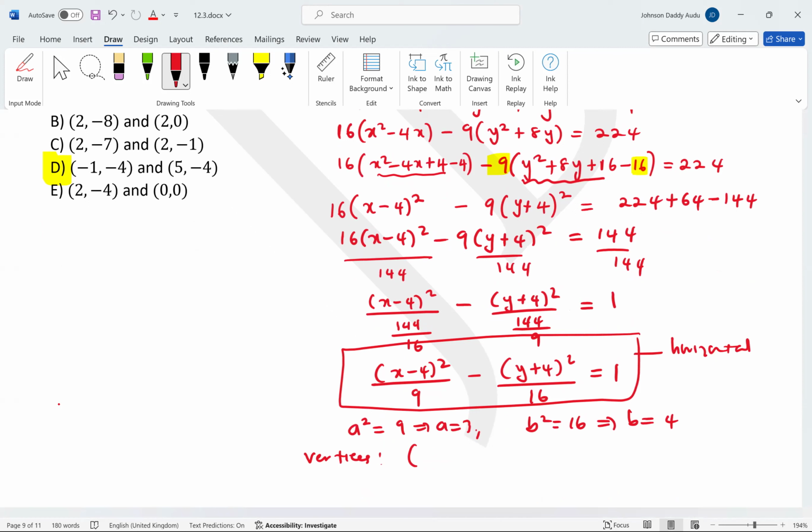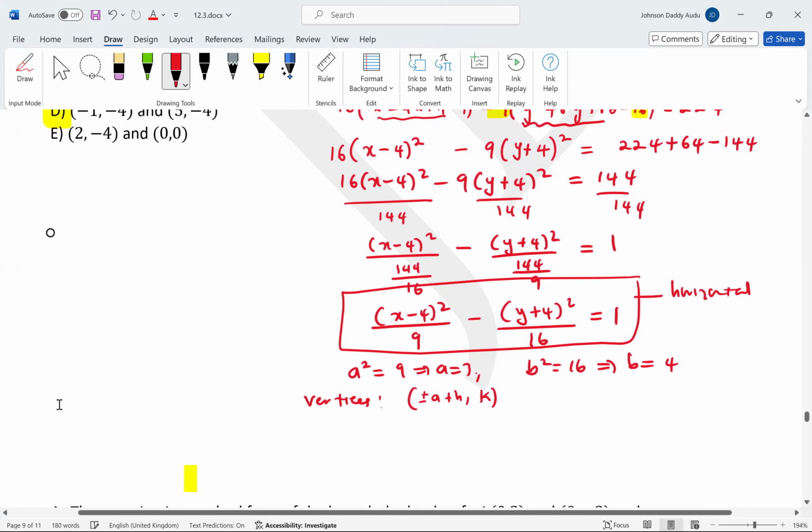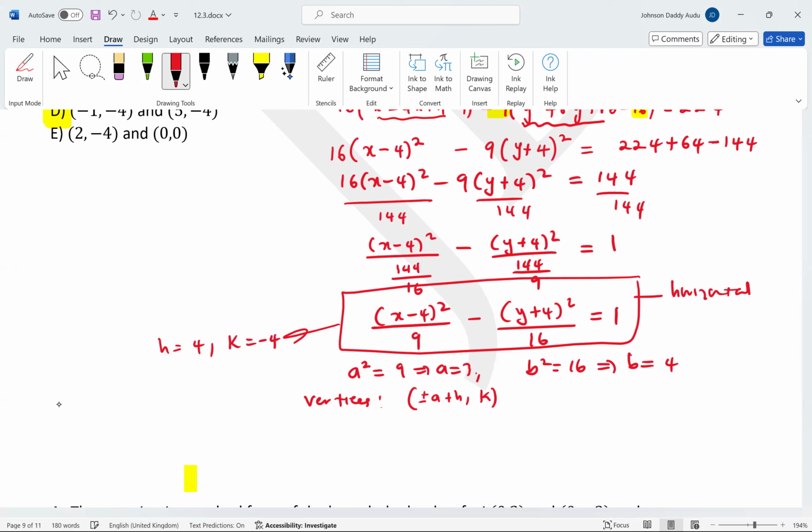So all we need to do is plus minus a, plus h and k. The k here is going to be fixed. We need to get what is h and k. From here, you see h is equal to 4. And k is minus 4.